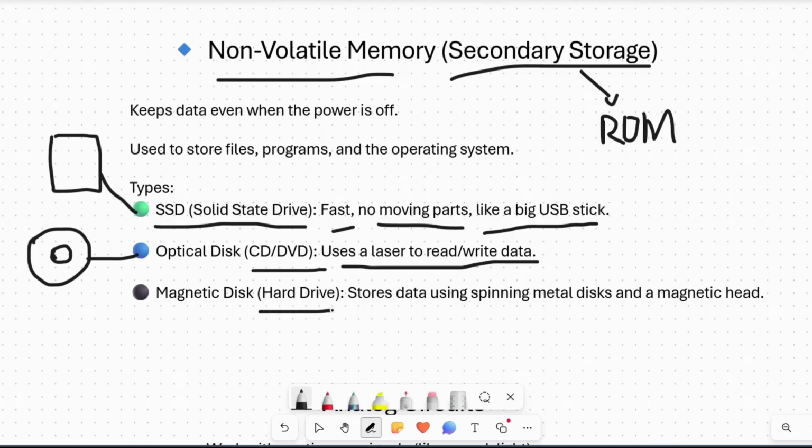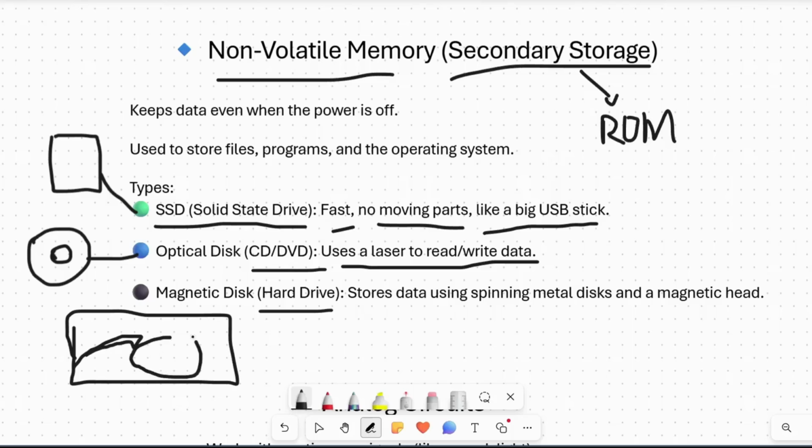Magnetic disks, hard disks, store data using spinning metal disks and a magnetic head. So hard disks look like this. There is a magnetic head for collecting data, and there is a plate which is rotating. So that's how hard disks work.